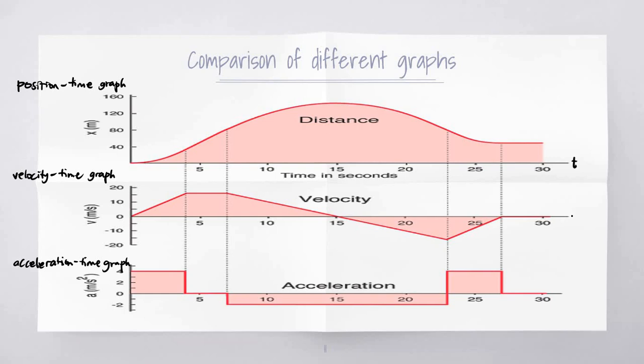Alright, how about the position time graph? For the position time graph, the y-axis will obviously be the position x. For the velocity time graph, the y-axis is the velocity v. And for the acceleration time graph, the y-axis will be the acceleration.